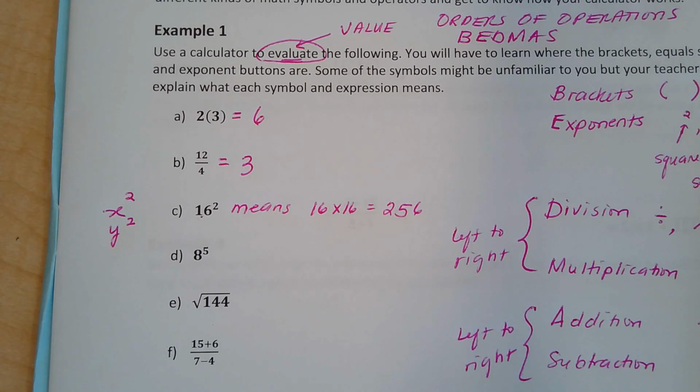Yeah, this is an exponent. Now, if your calculator is pretty much the same as mine, our calculators don't have a button for exponent 5. It might have exponent 2, it might have exponent 3, but anything beyond 2 and 3, there's no specific button.